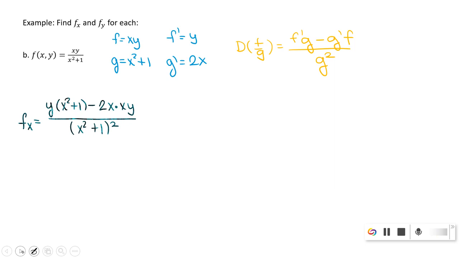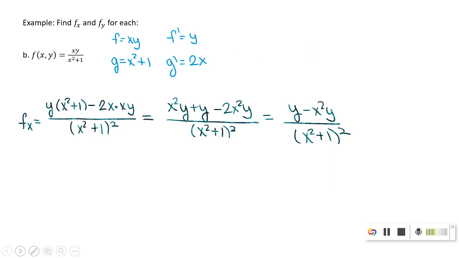Then to finish, I'll distribute the y to the x squared plus 1. That gave me x squared times y plus y. And then the 2x times xy is a 2x squared y. And I'm just going to leave the bottom as x squared plus 1 squared.